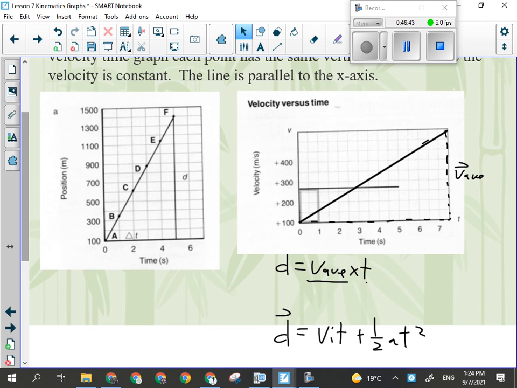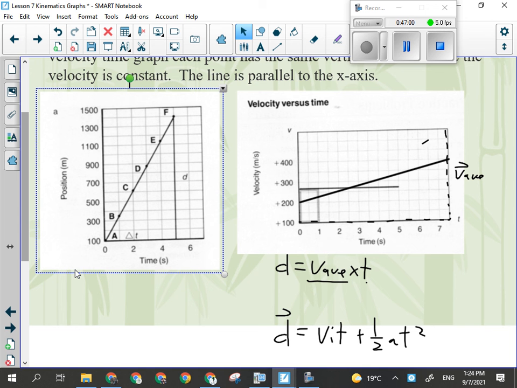All right. Well, let's say that the line doesn't start here at 100, but starts at 200 and goes to 400. Now how do I calculate the area underneath the line?